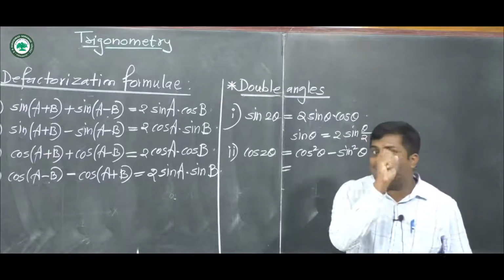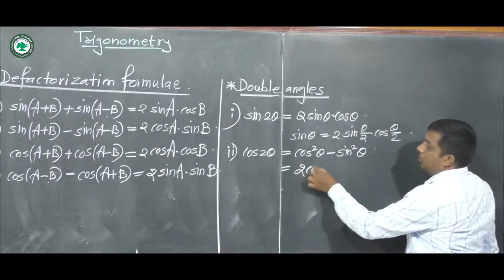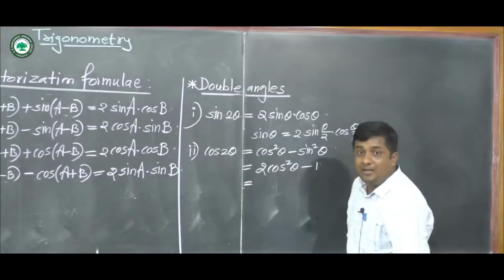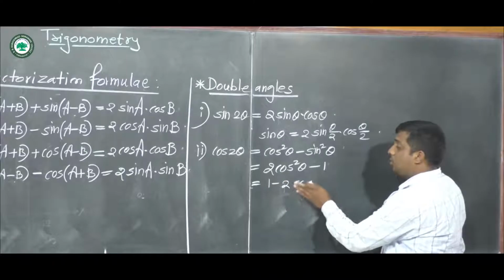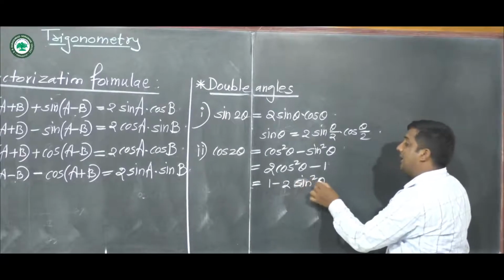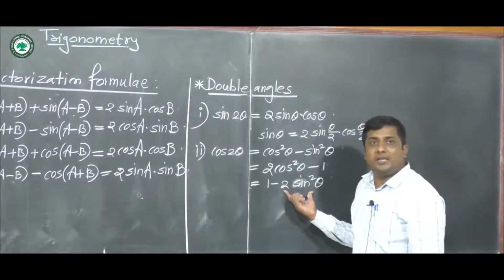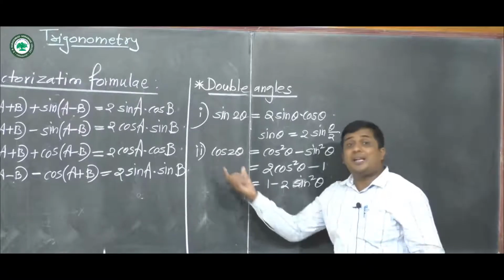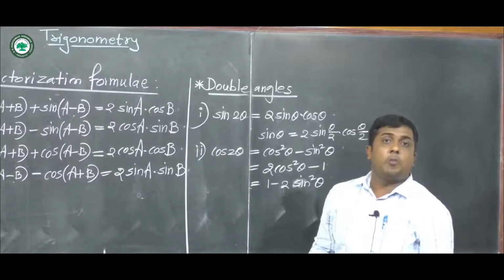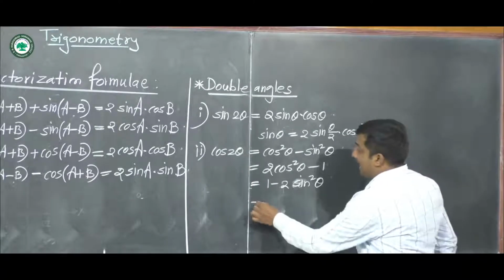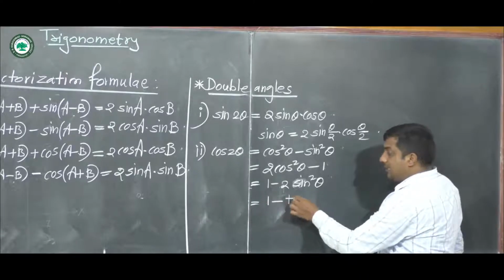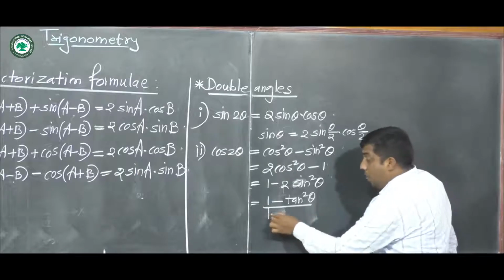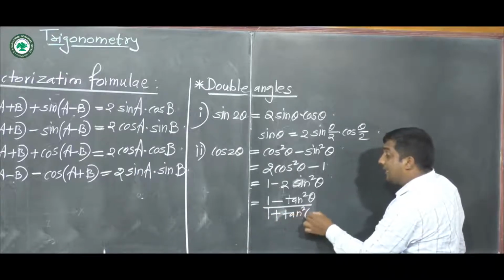If we have to consider the cosine, your formula is 2 cos square theta minus 1. If we consider the sine, your formula is 1 minus 2 sin square theta. If we have to consider this cos 2 theta in the form of tan, I write this as 1 minus tan square theta divided by 1 plus tan square theta.